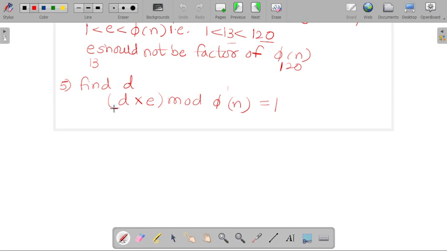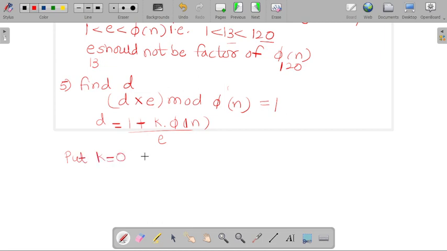Now put all the values in our formula. We rewrite this formula as D is equal to (1 plus K into phi of n) divided by E. First of all, we put K is equal to 0.